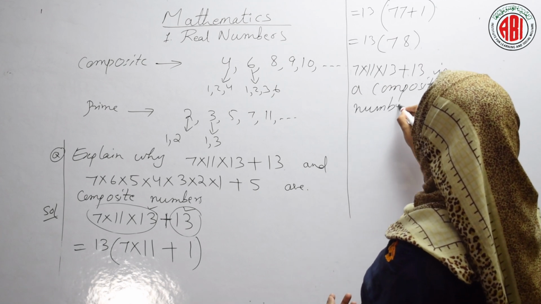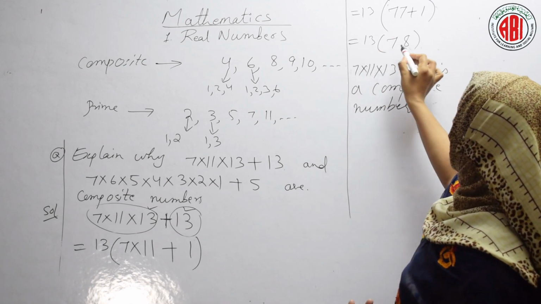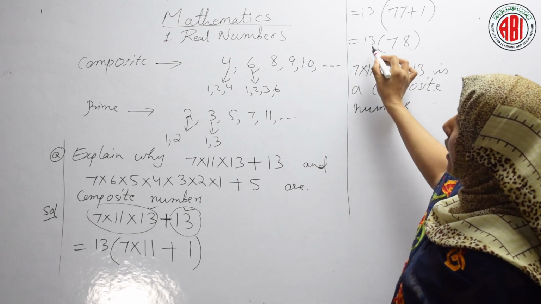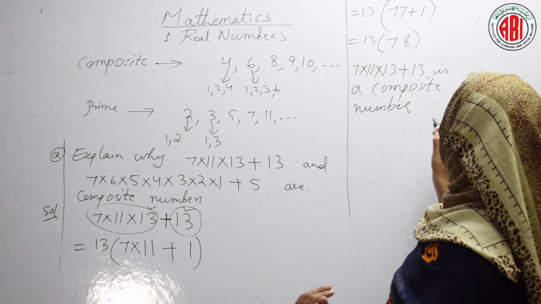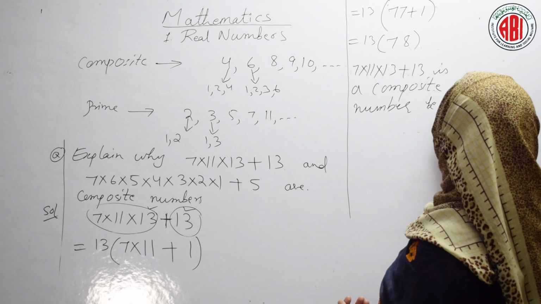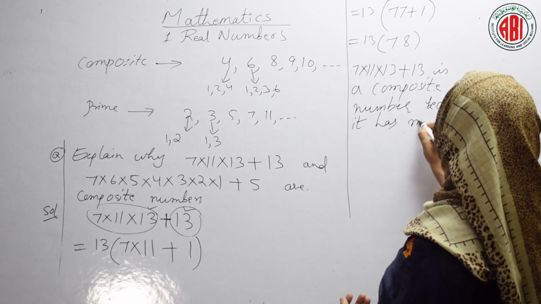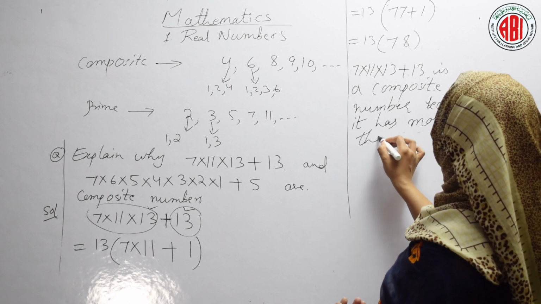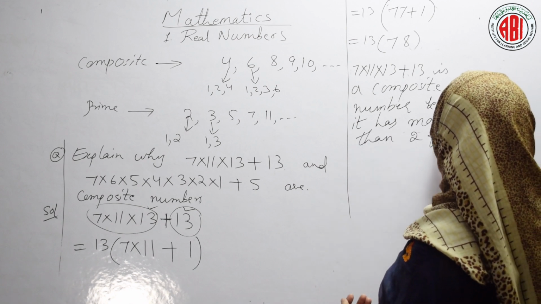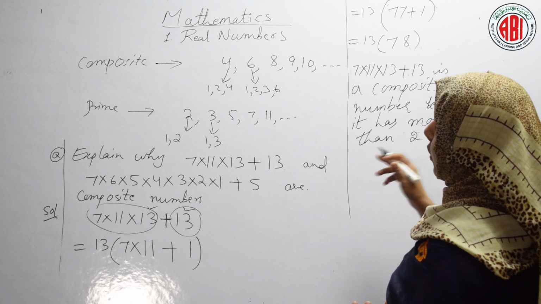What is the reason? Because it has more than 2 factors. This number has 13 as a factor and 78 as a factor. It is a composite number because it has more than 2 factors.